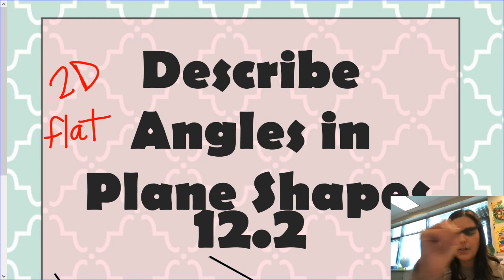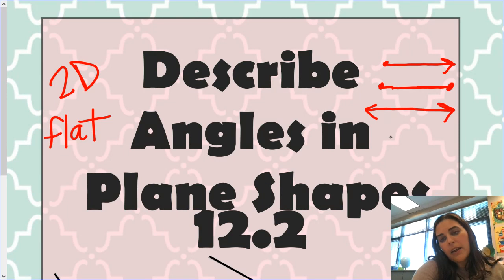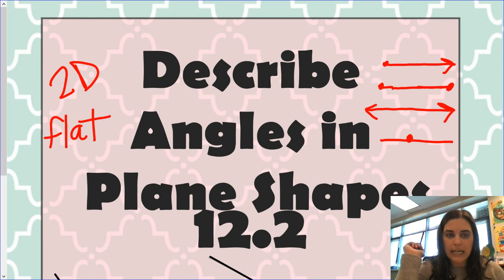Some examples that we talked about were a ray, a line segment, a line, and another one we talked about was a point. Those are some more vocab words that we'll be using again today, describing angles in plane shapes.